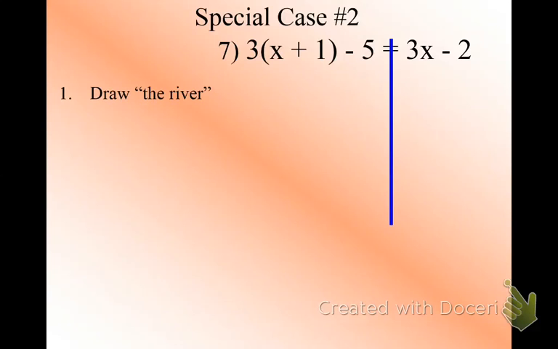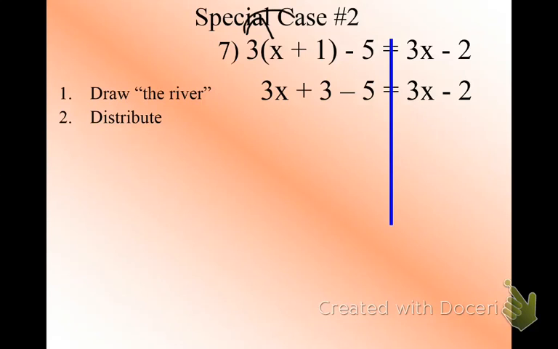First things first, we're going to draw the river. Then we will distribute that 3, so 3 times x and 3 times 1. So 3x plus 3, because we are distributing this 3 to both the x and to the 1. So 3x plus 3 minus 5 equals 3x minus 2. Now notice that these are like terms and they're on the same side of the equal sign.